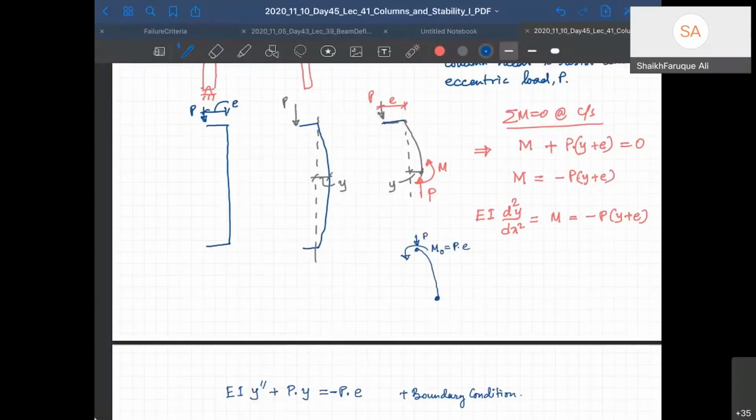So in this point also you will have P and a moment m0 equal to P into e, but now the distance is only going to be y. Clear? It's going to be the same thing.